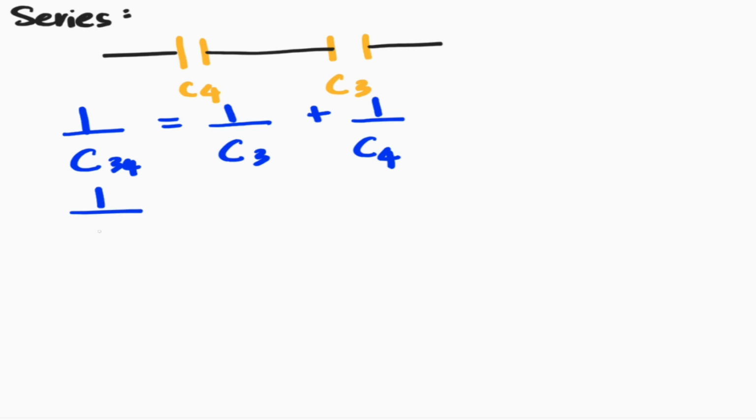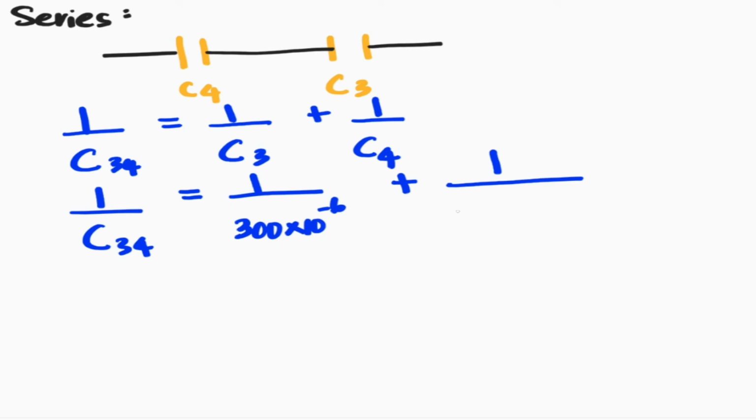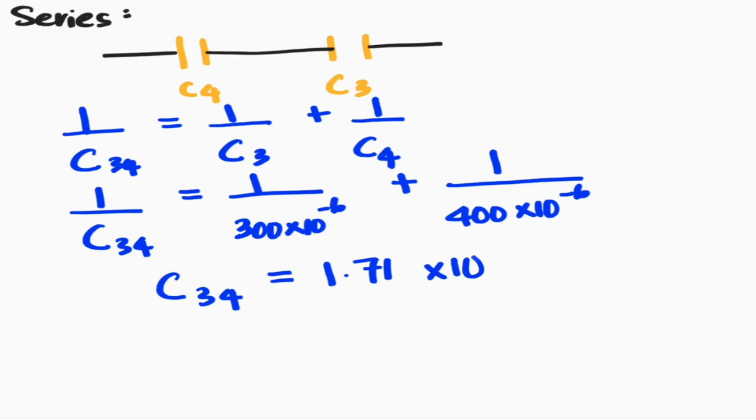Substitute all values. 1 over C3 is 300 times 10 to the negative 6 farad, plus 1 over C4, which is 400 microfarad. So C34 is 1.71 times 10 to the negative 4 farad.